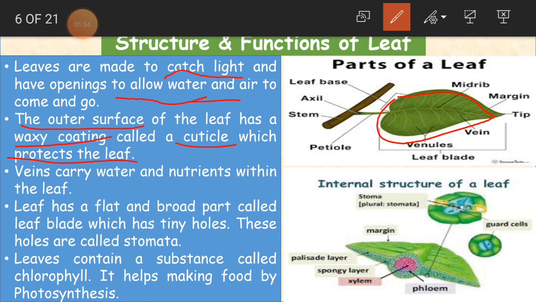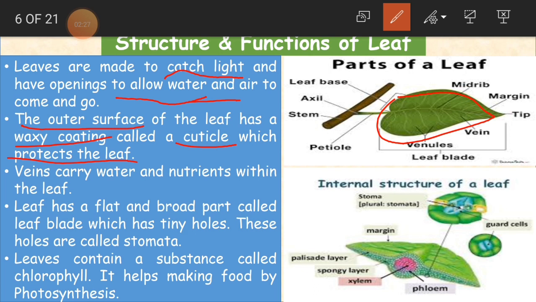Actually, leaves, we said, are going to absorb water. Like for example, a cactus leaf absorbs the water. Now this cuticle is going to protect that plant from water loss. Like for example, if you take a bottle, we fill the bottle with water and we cover it with a knob so that the water is not going to flow outside the bottle.